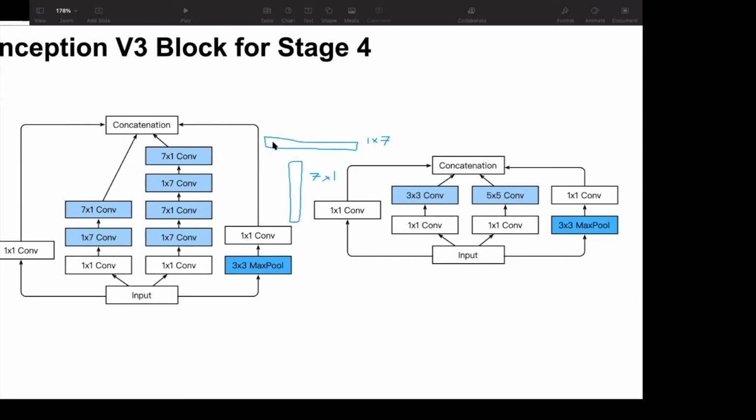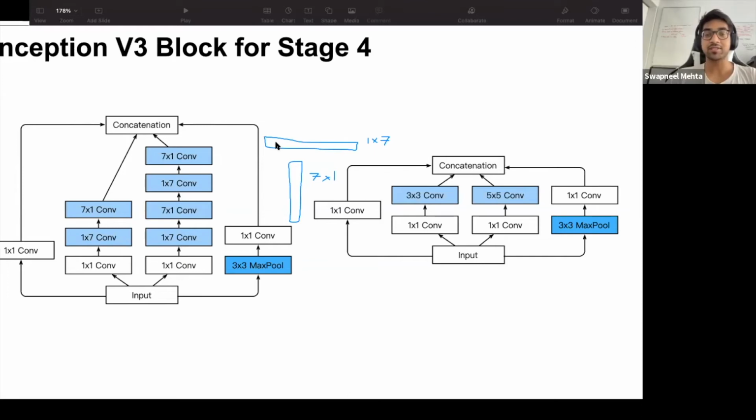Exactly. There might be some features that are horizontally present, and so you use some horizontal filters, sweep through the image, and detect if that feature is actually present in the image or in the representation of the image at that layer.